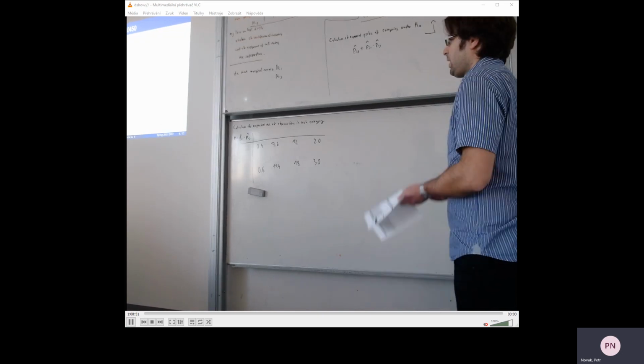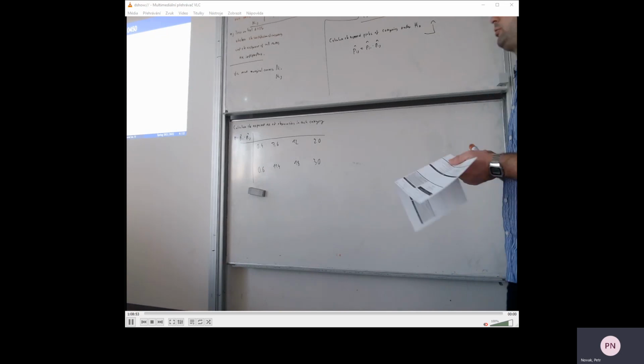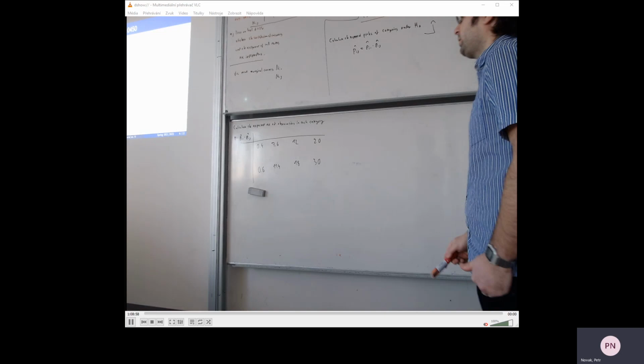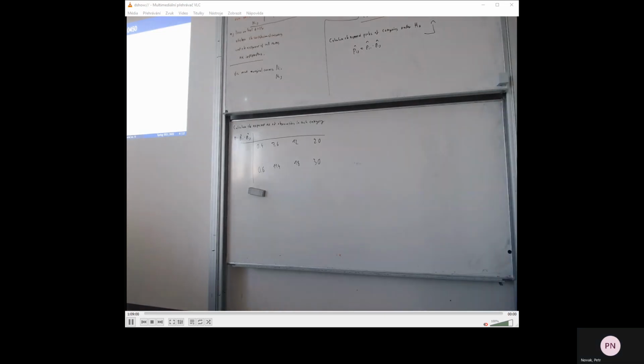Those are the expected numbers of callers which would fall into each of the categories if the satisfaction were independent of the assignment of the call center.